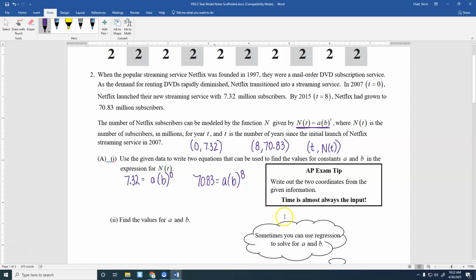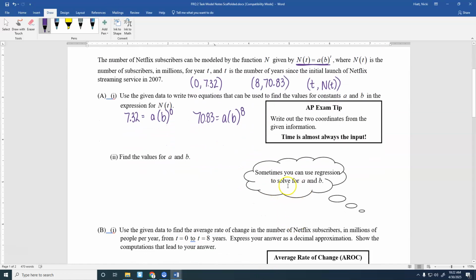He has a note right here. It says sometimes you can use regression to solve for A and B. Now, that is from last year. We can pretty much always use regression to solve for A and B because in Desmos, you can do regressions that are different than the programmed regressions. On the TI-84, it will only do certain programmed regressions.